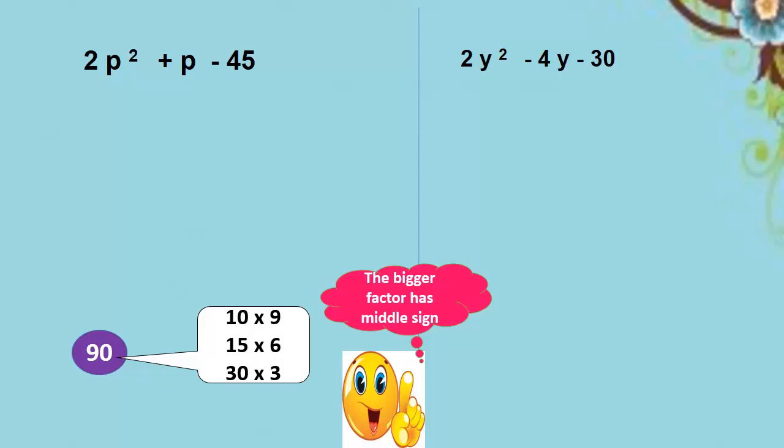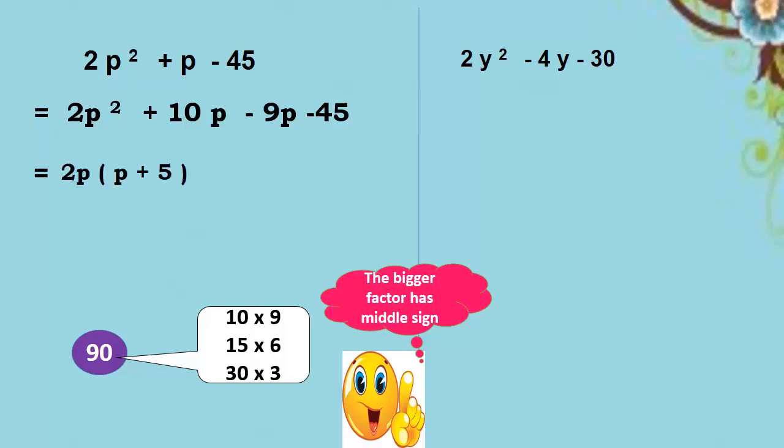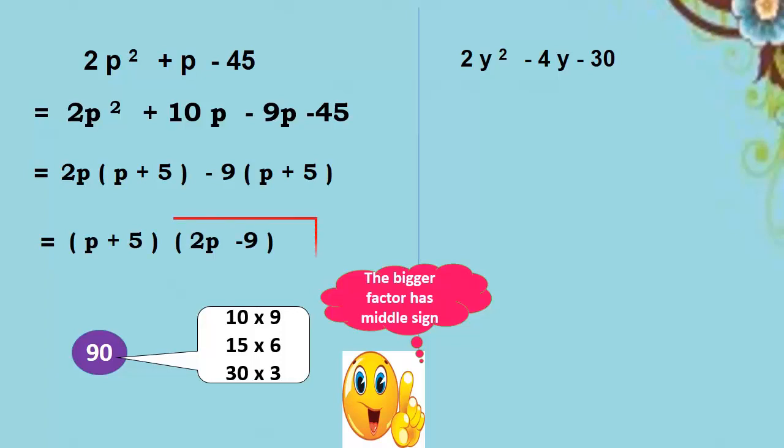So we'll take 10 and 9. We'll write this down. Check the sign. Now make the pairs. In the first, 2p is common, so it will be p plus 5. Here again minus 9 is common, p plus 5. Take out the common bracket. Remaining is 2p minus 9.